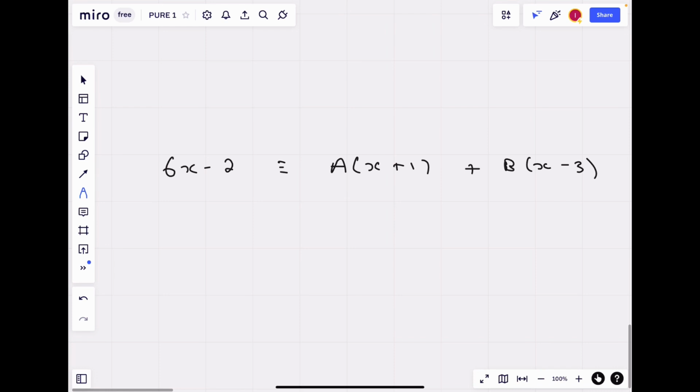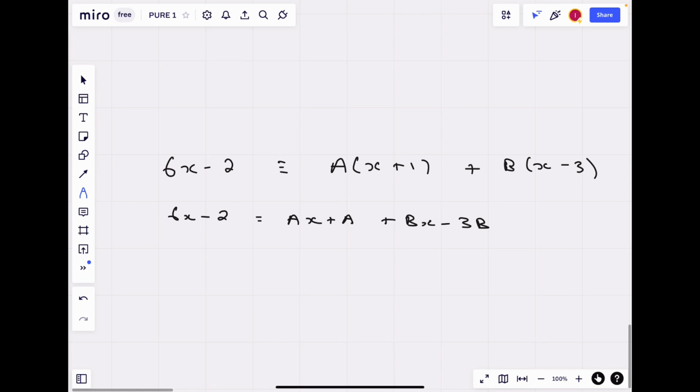Okay, here's what we're going to do. We're going to expand the brackets on the right hand side. 6x minus 2 equals Ax plus A plus Bx minus 3B. From this point, any unknowns, and by unknowns I'm referring to the x in particular, I'm going to equate the coefficients of x.